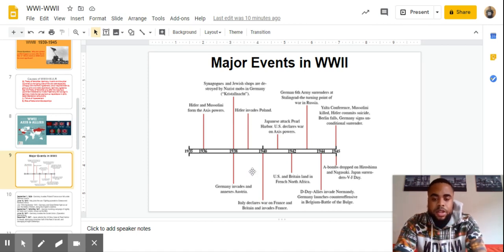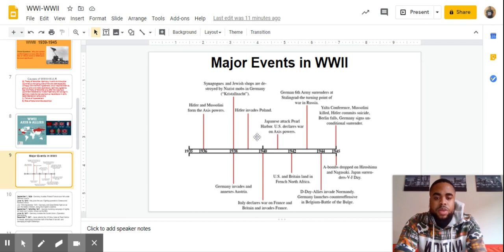We also have other events like when Germany invaded Britain and launched their attacks in the air on London. We also have other parts of Europe like Austria that were invaded by Germany. Italy also declares war on France, which forces Britain to help France out.